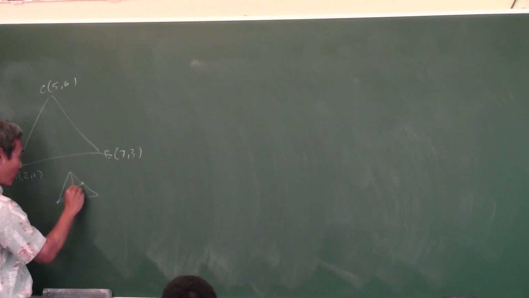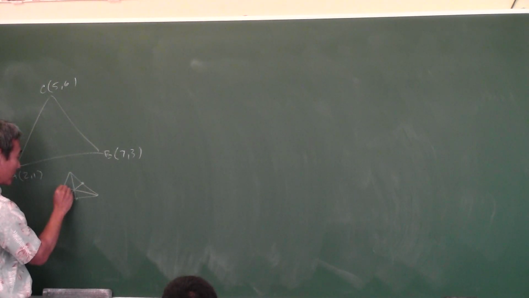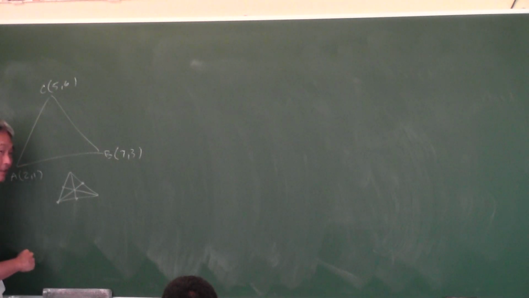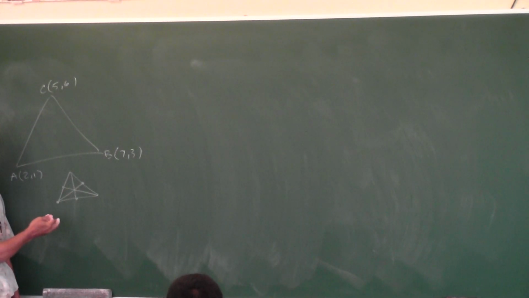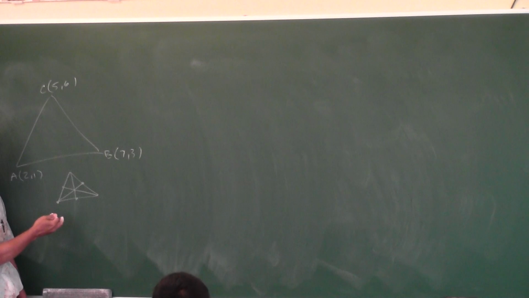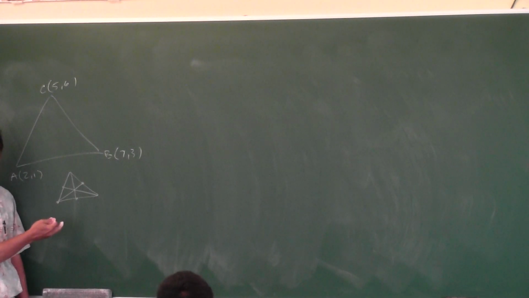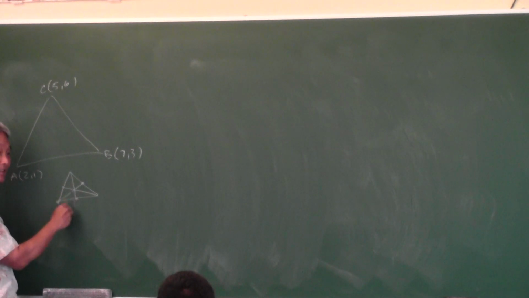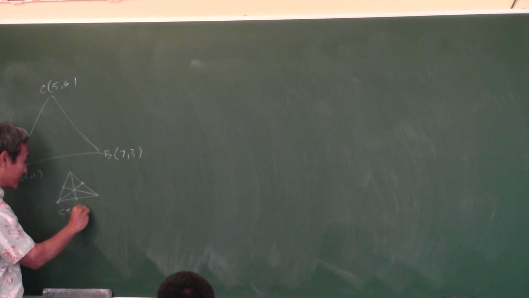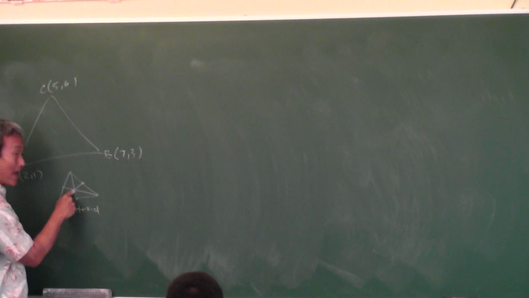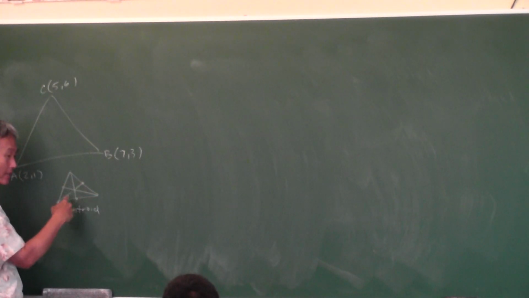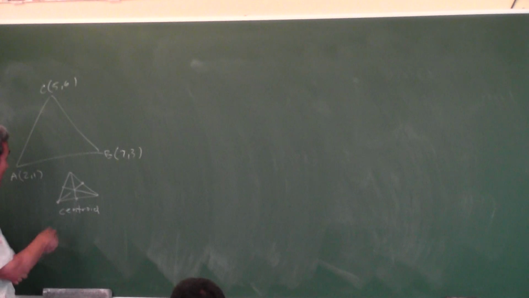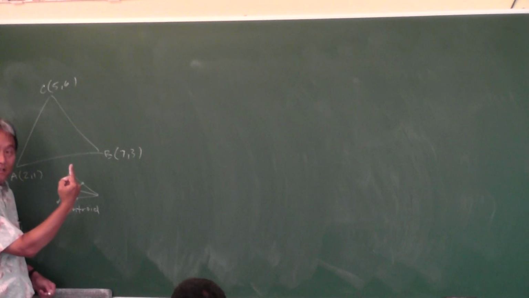If I were to draw all 3 medians in, what's that thing we learned in last night's homework? The 3 lines are concurrent. They all intersect at the same point. And what do we call that point? The centroid. That's like the balancing point. If you have a triangular plate of uniform density, then you could balance it on your finger right there.